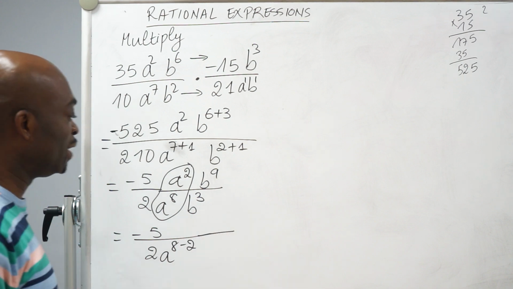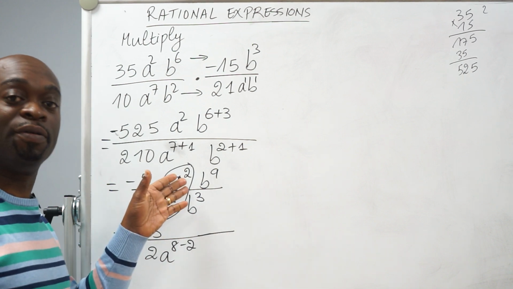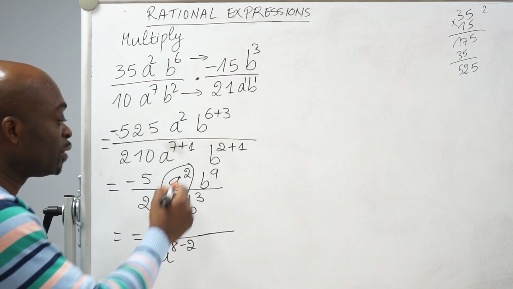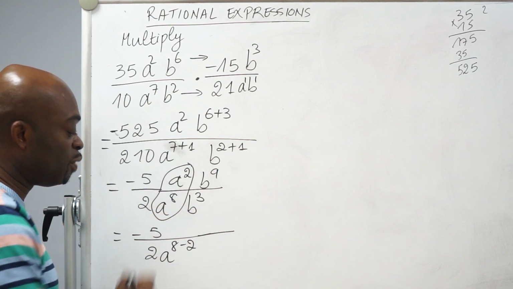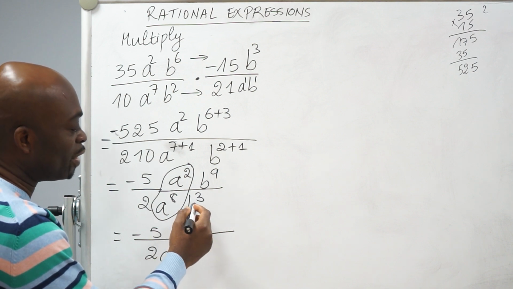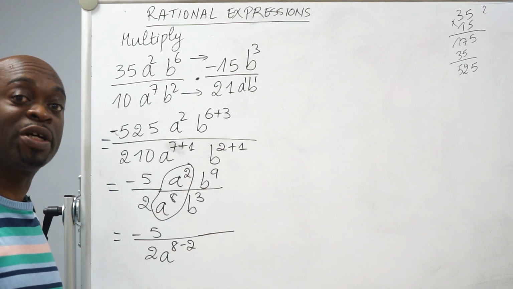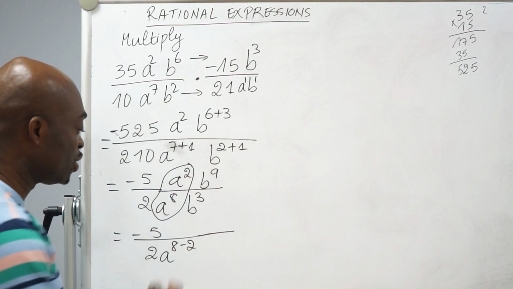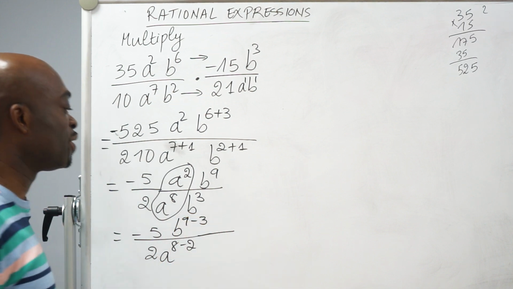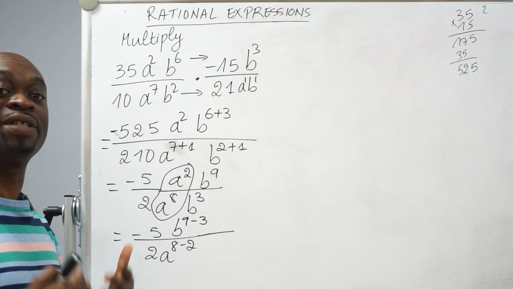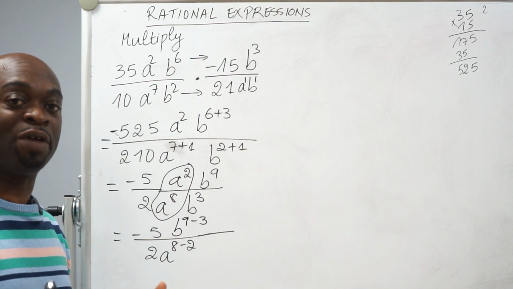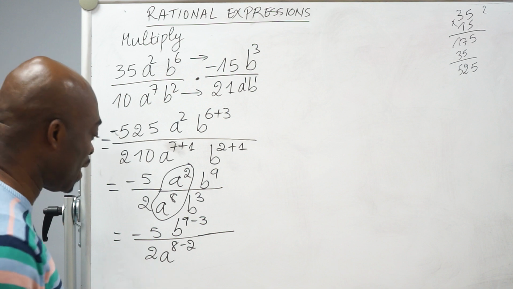Whenever the variable moves, the power's sign changes to the opposite. Because this is a positive 2, when you move it down, it becomes negative 2. For this one, which one is moving? The 3, because 3 is smaller than 9. So it's b to the 9 minus 3, because the 3 goes up and becomes a negative 3. Anytime the variable moves, it changes the sign of the power.